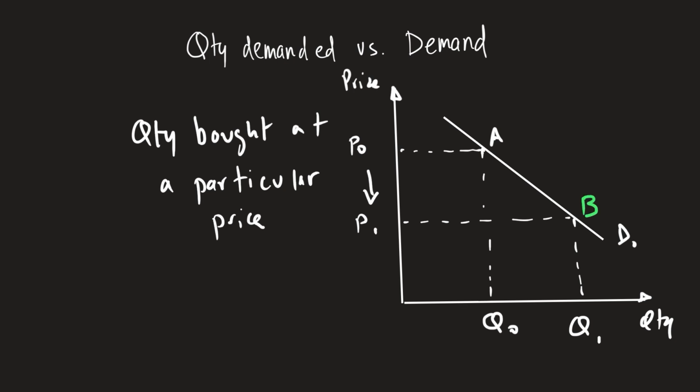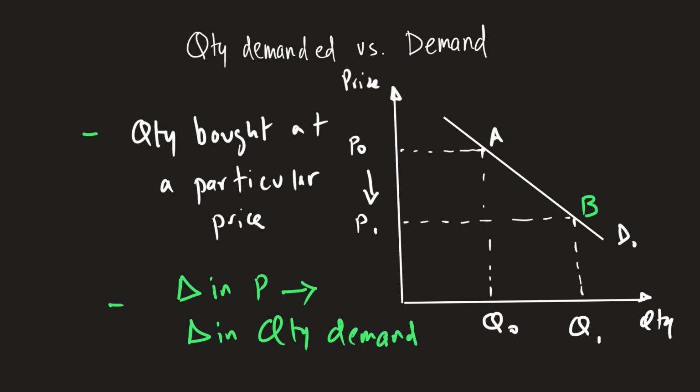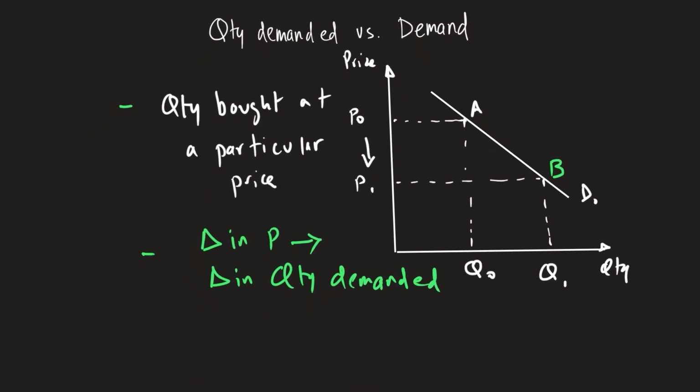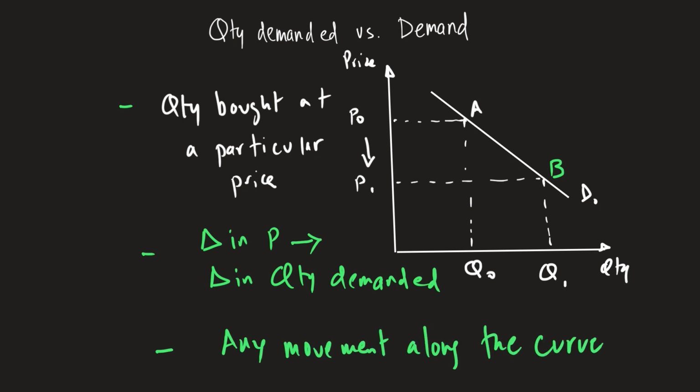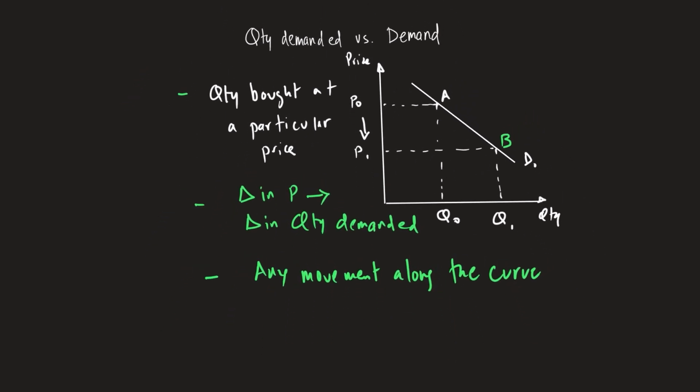So one could also say that whenever there is a change in price, there will be a change in quantity demanded. We won't say there will be a change in demand, but a change in quantity demanded. Also importantly, we can say that any movement along the curve will result in a change in quantity demanded.